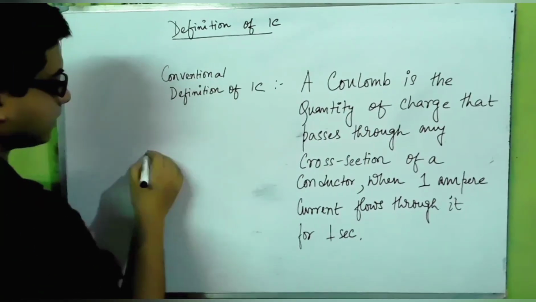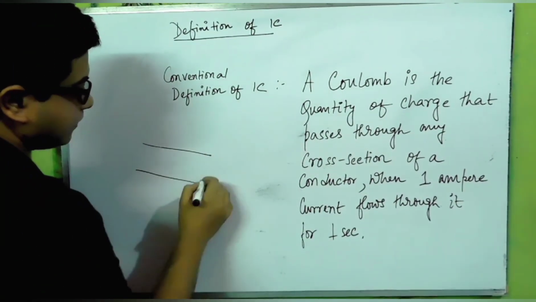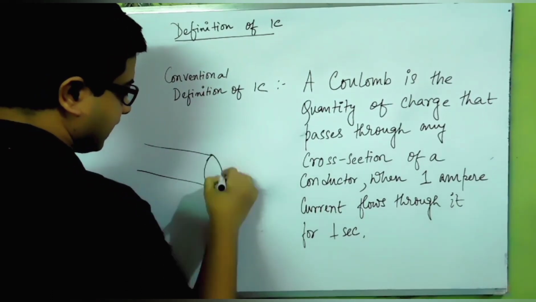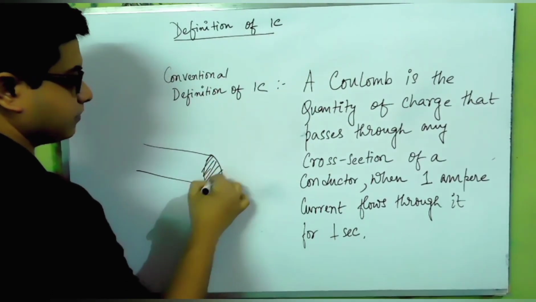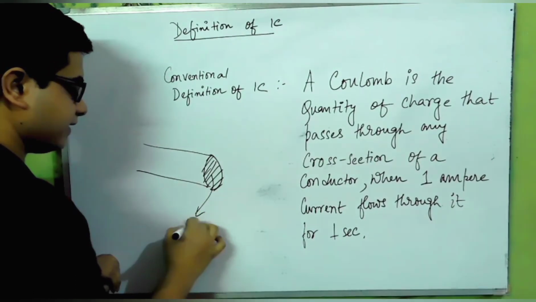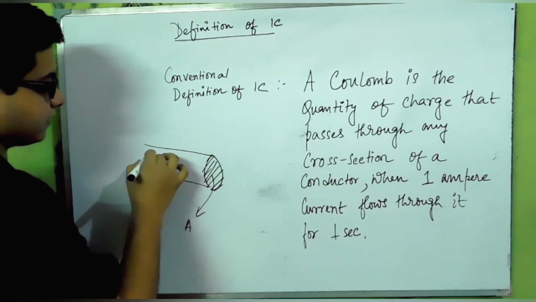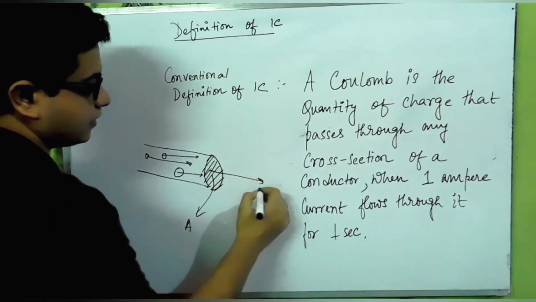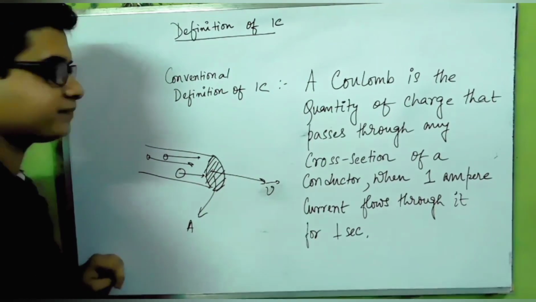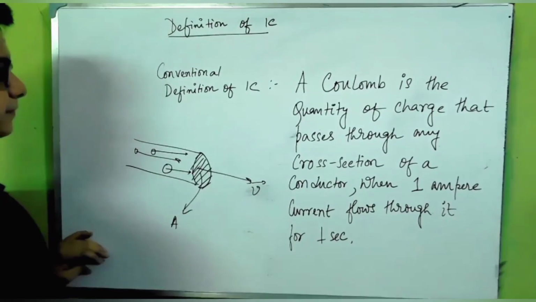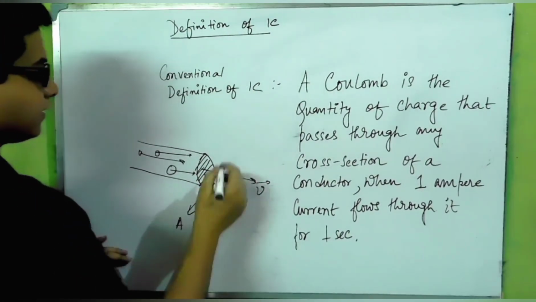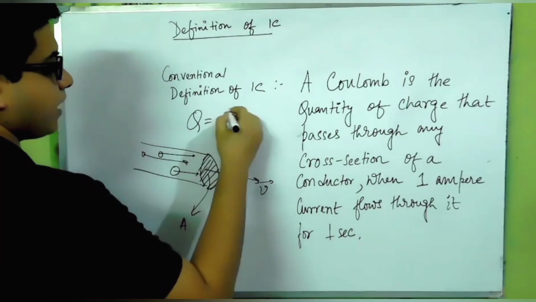You see that I have a conductor here. Let us say that we have taken a cylindrical conductor, and this is some cross section, say the area is A, and some charged particles are passing like this, so the velocity of the particle is v, and the governing equation behind this definition is q equals I times t.